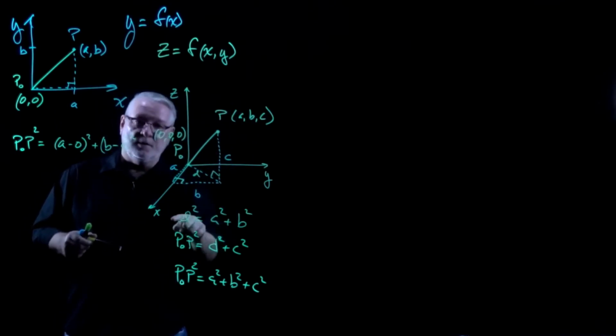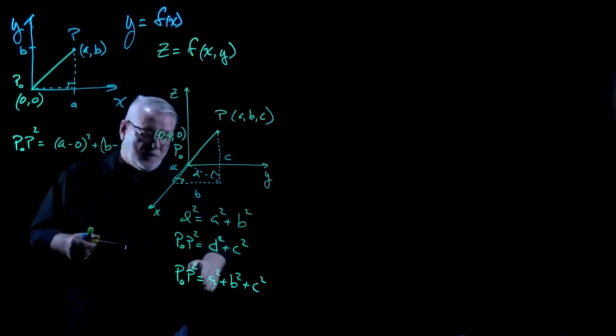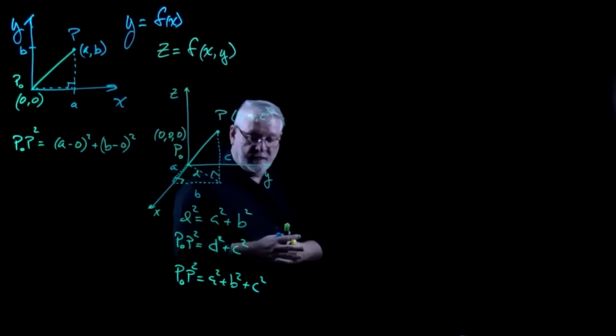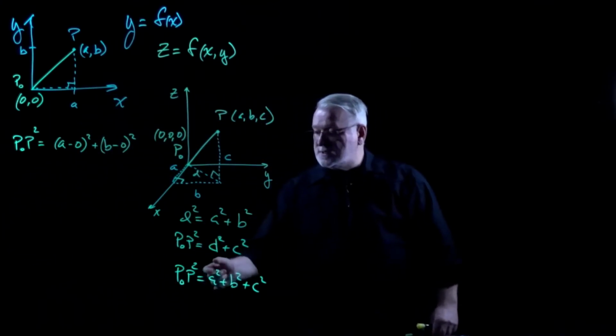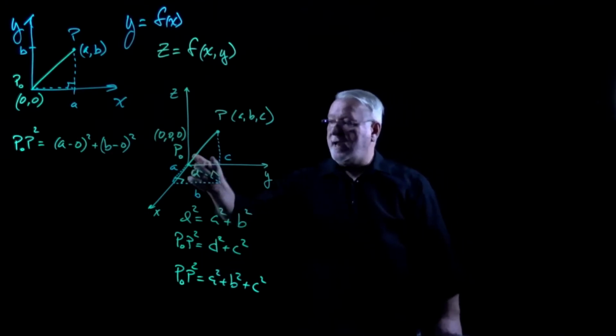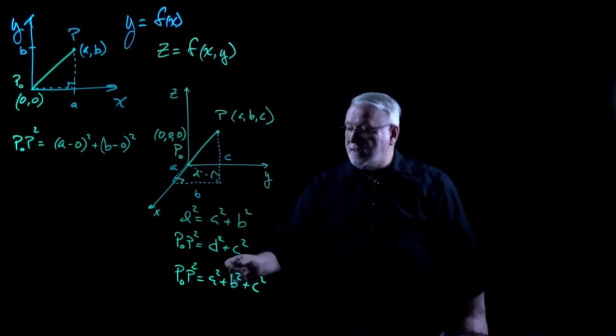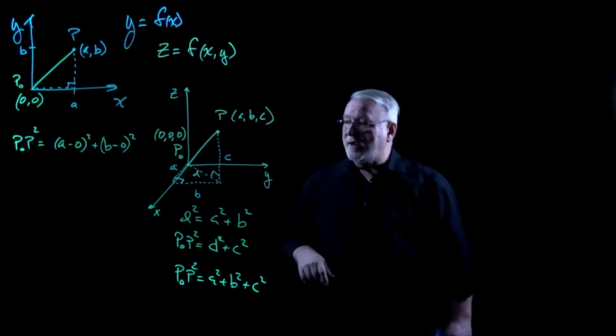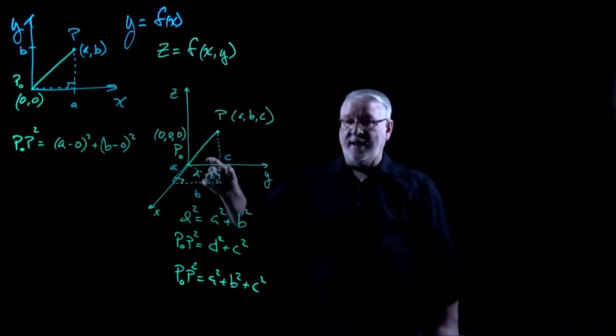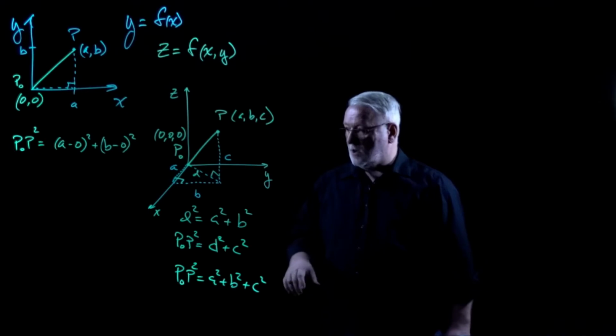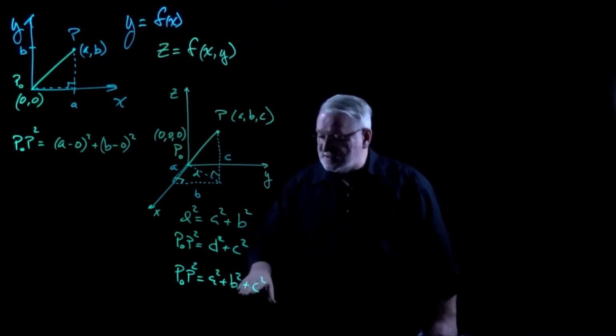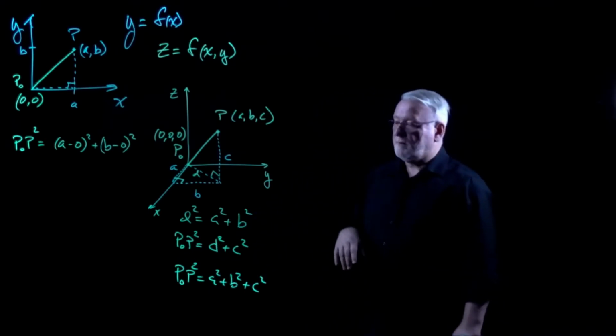It could be any other point in 3D space, in which case this formula would read P naught squared equals a minus that x coordinate of P naught, b minus that y coordinate of P naught, and c minus that z coordinate of P naught, each squared and added. So the distance formula translates really well into 3 dimensions.